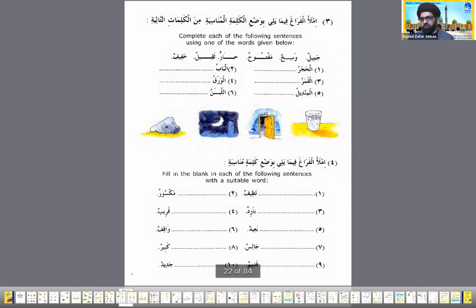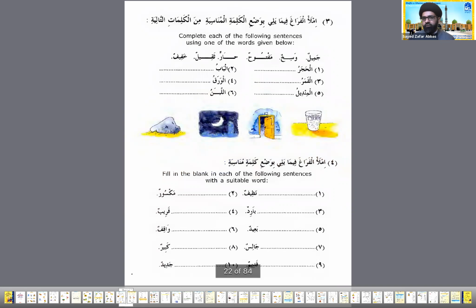Can it be jamil? Probably not. Can it be wasikh? I guess it could be. Can it be maftuh? No, not really. Can't be open. Can it be hot? Not really. Thaqil, heavy. Yes, this seems very likely, and the sentence makes sense. Al-hajaru thaqil, the stone is heavy.